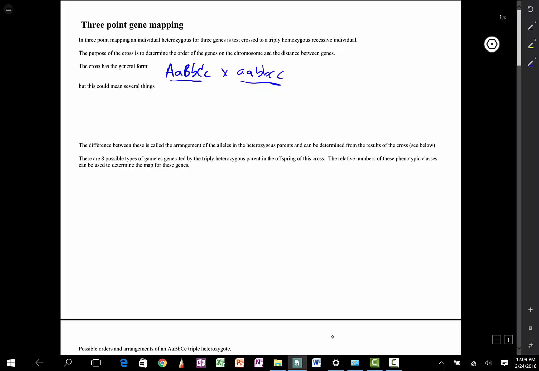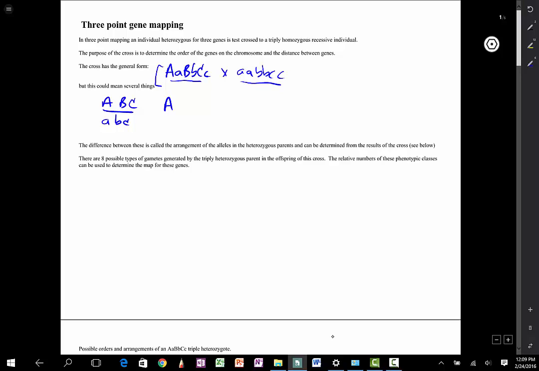But like I said, there could be lots of different ways that this could be a triple heterozygote. So the easiest way is all the big letters on one side of the line and all the little letters on the other side of the line. In this case, A and B are coupled, B and C are coupled, and A and C, everything's coupled.